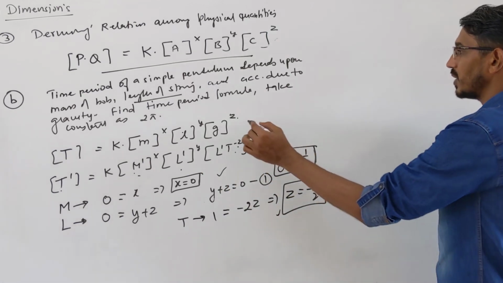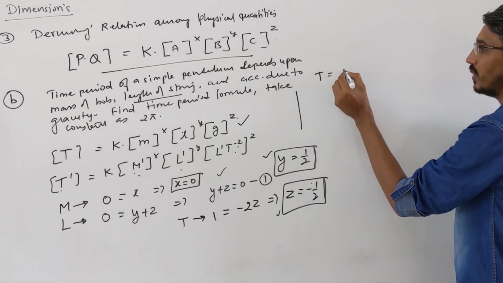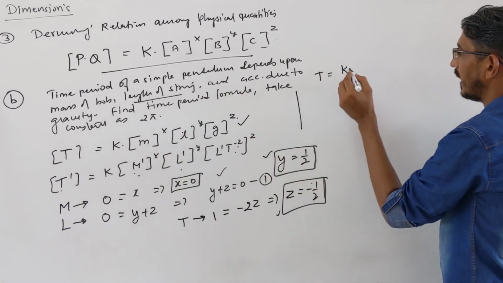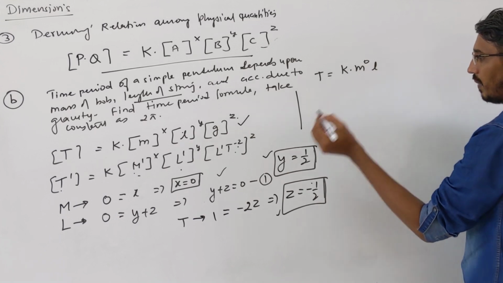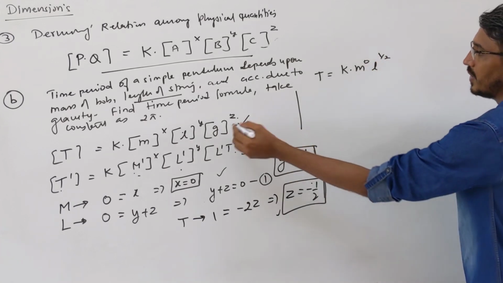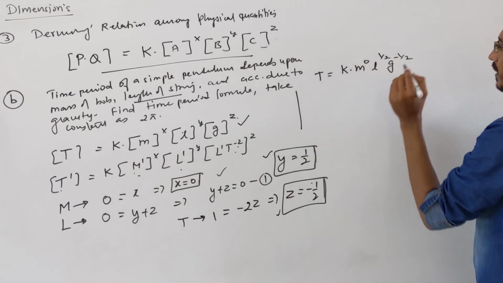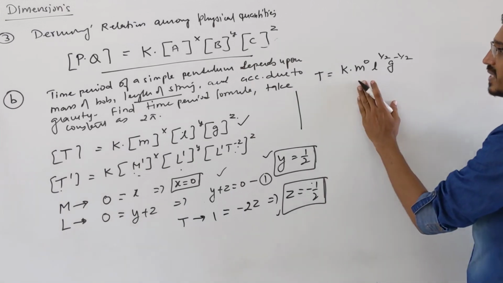Now you have to put these powers in the original formula. So the time period is equal to K constant, M power x which is M power 0, L power y which is plus half, G power z which is minus half. First we see that M power 0 becomes 1, so mass is not in the formula.